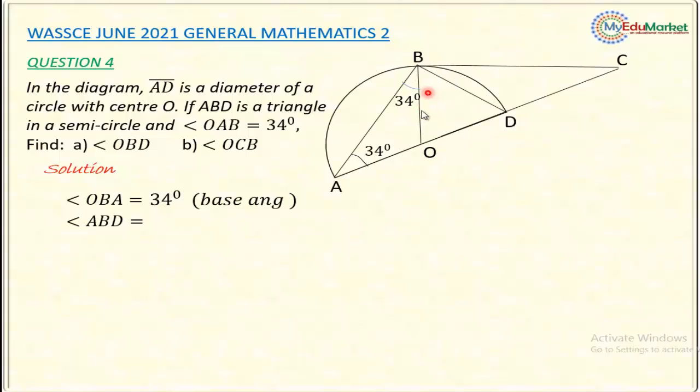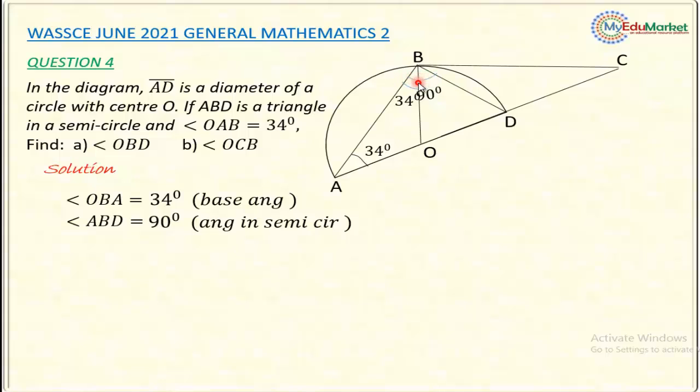So angle ABD will be 90 degrees, and my reason is angle in a semicircle is 90 degrees, because this is a diameter and the angle is obtained at the remaining circumference.